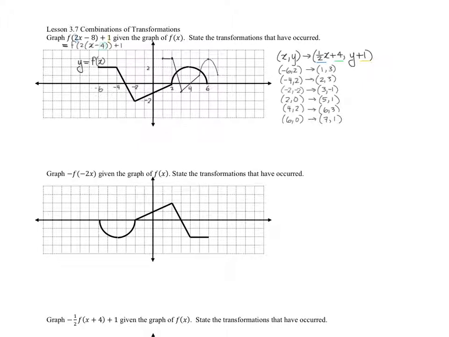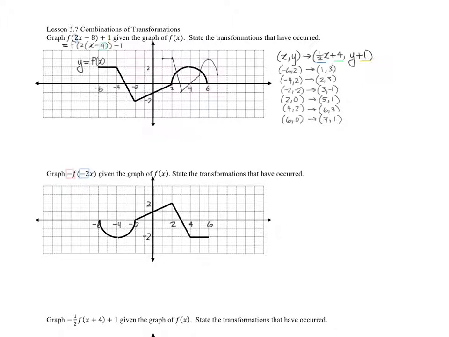Now let's take a look at this next example. We have our a here is -1. So it's been reflected on the x-axis. And then we have a b value of -2. That means it's been reflected on the y-axis as well as horizontally compressed by a factor of half. And let me label my axes here. 2, 4, 6, 2, -2, -4, -6, -2.